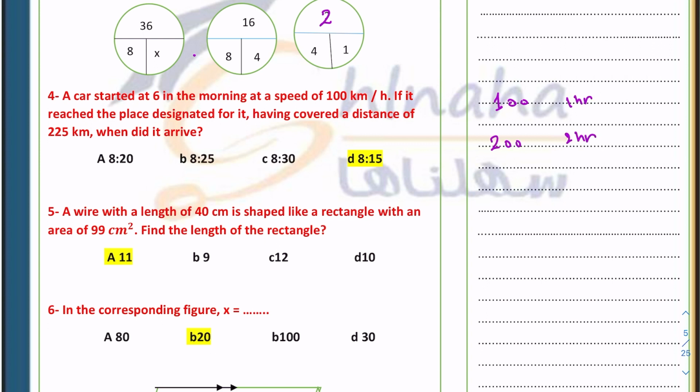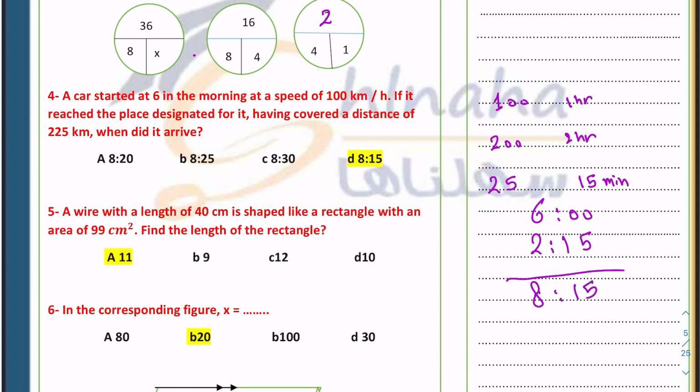I still have 25 kilometers, which will take 15 minutes. Why 15 minutes? Because 25 is a quarter of 100, and a quarter hour equals 15 minutes. So now I have 2 hours and 15 minutes, and he starts at 6 a.m. So the final time will be 8:15.